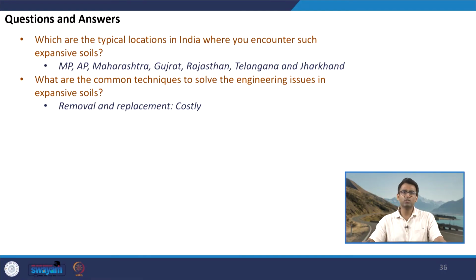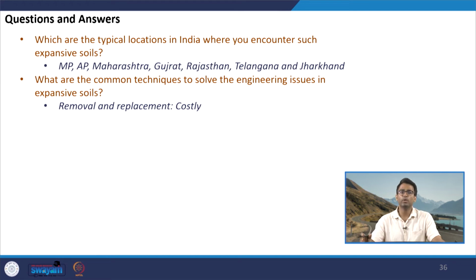This is a very straightforward method: we do not want to take any risk, we do not want to stabilize the soil, we just want to remove it and replace it with some borrow material, soil which has desirable engineering characteristics. But though this technique is very straightforward, it can be costly.